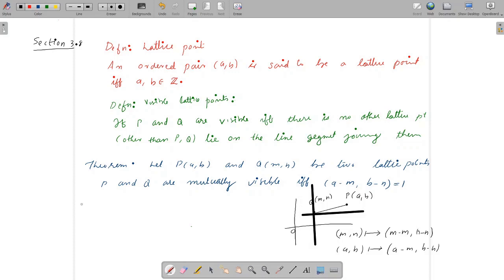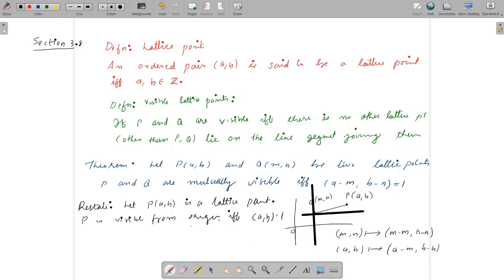So we restate this theorem. Restate the same theorem. Let P equal (a, b) be a lattice point. Then P is visible from origin if and only if GCD of a comma b is equal to 1.